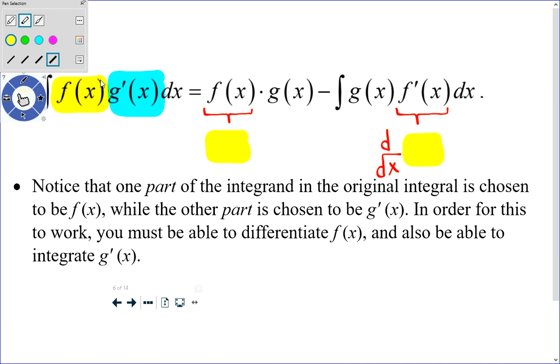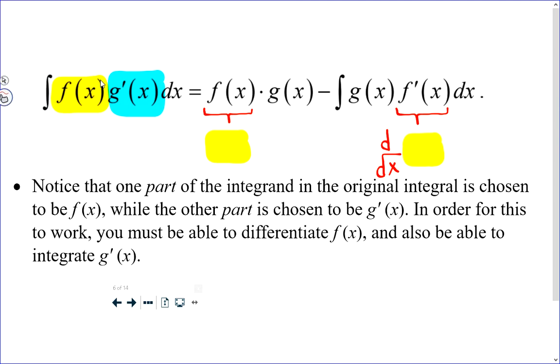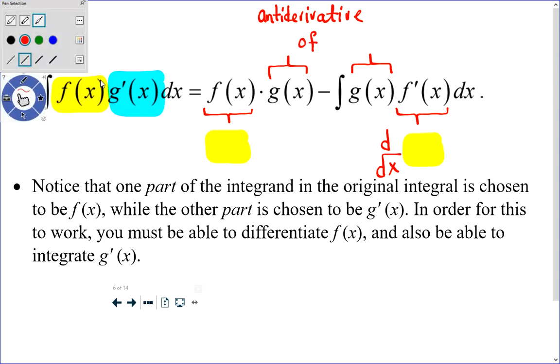On the other hand, on the right-hand side, you also have g of x. Now, g of x appears in two places in this formula. And what g of x is, is the antiderivative of the thing that you chose for g prime of x.